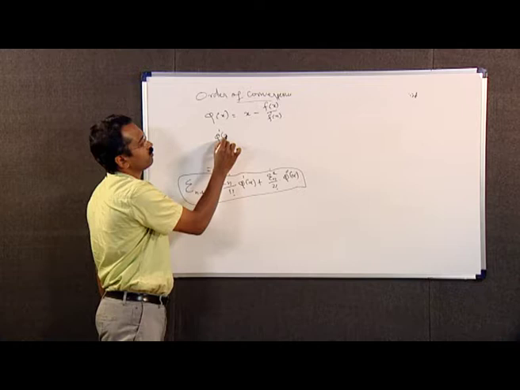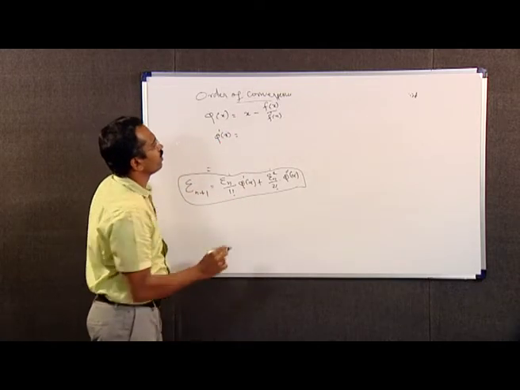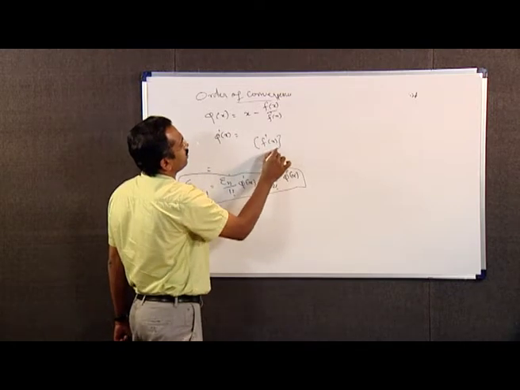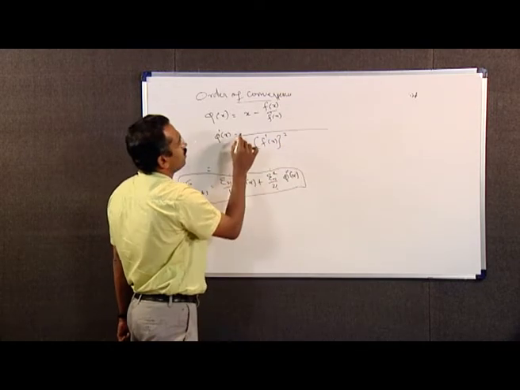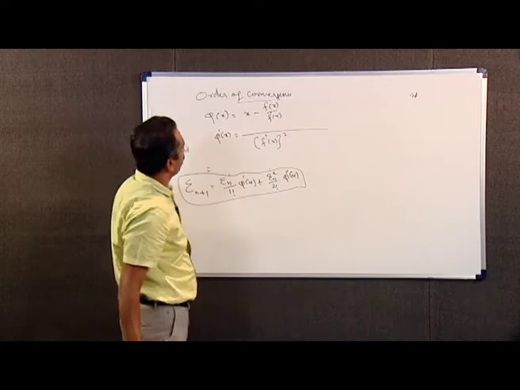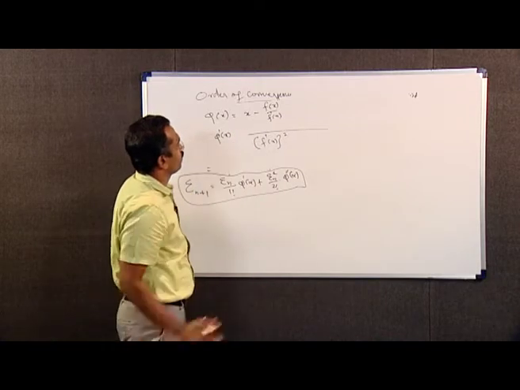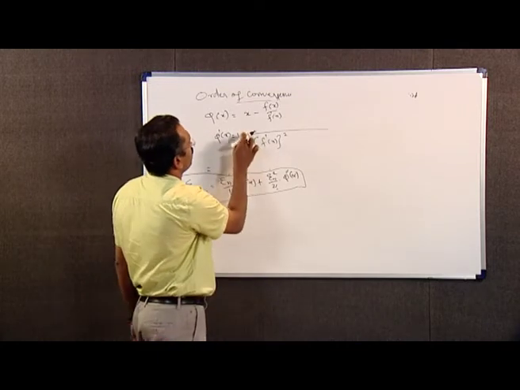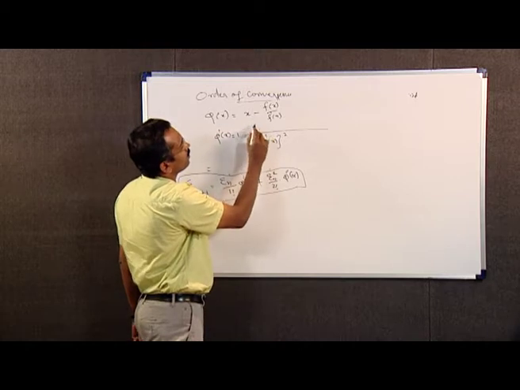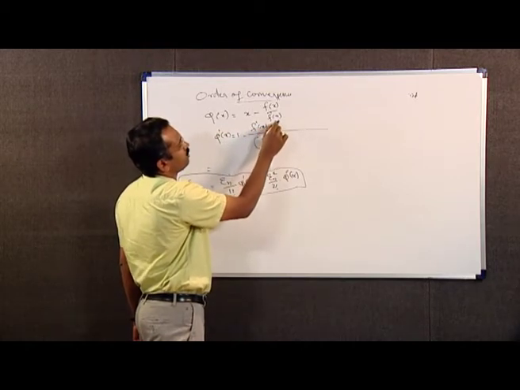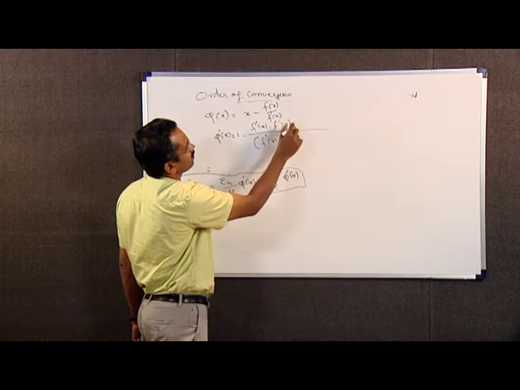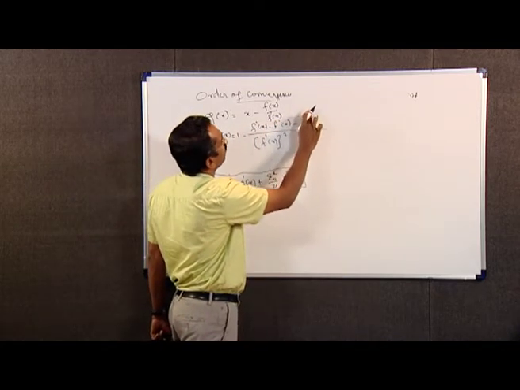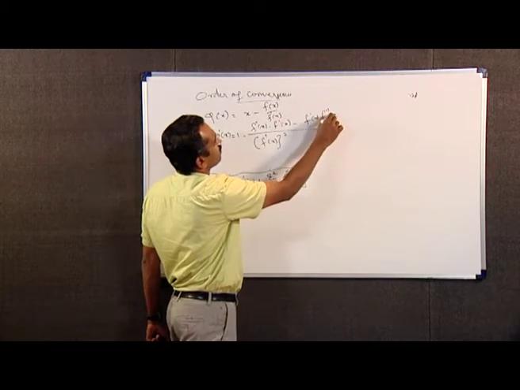Now, phi dash of x is equal to 1 minus f dash of x into f dash of x minus f of x into f double dash of x, divided by f dash x square.